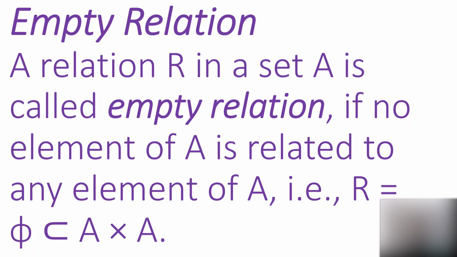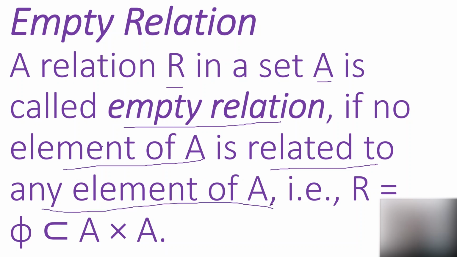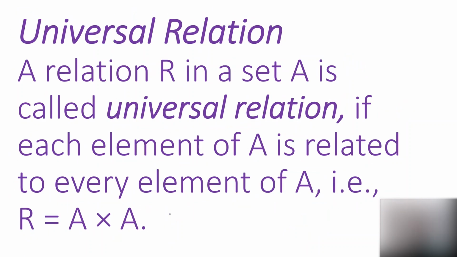A relation R in a set A is called an empty relation if no element of A is related to any element of A. That is, there is no relation between any two elements of set A. This is represented by phi, which is a subset of A Cartesian product A. Next is the universal relation.